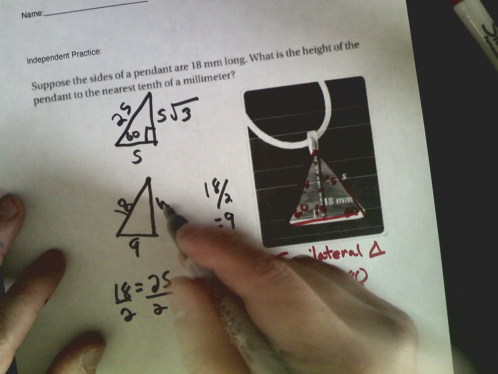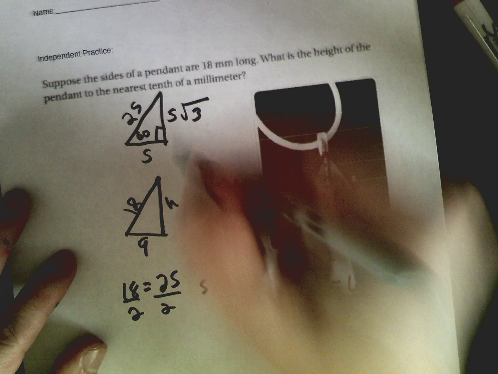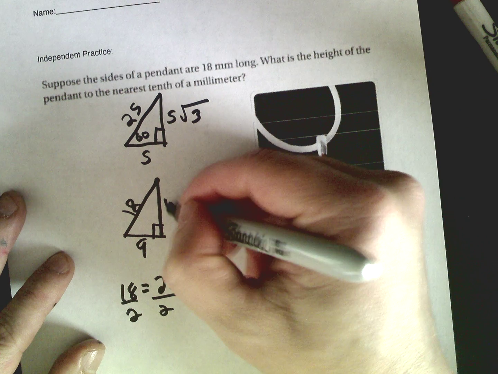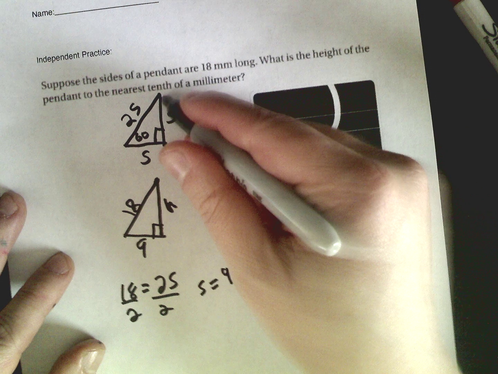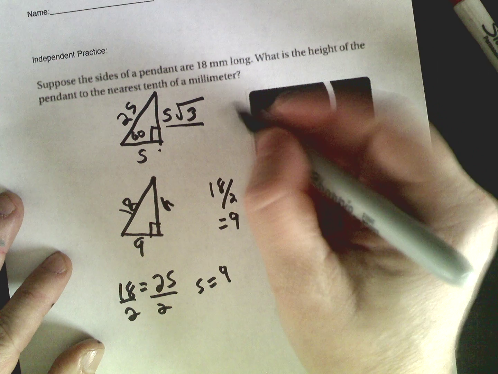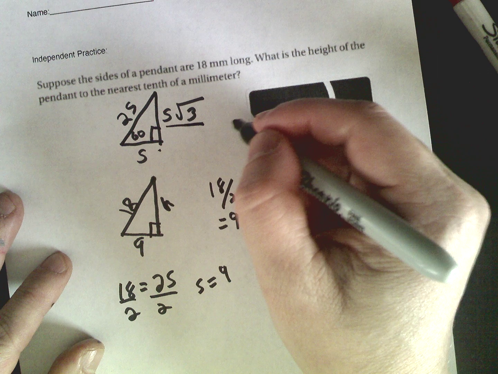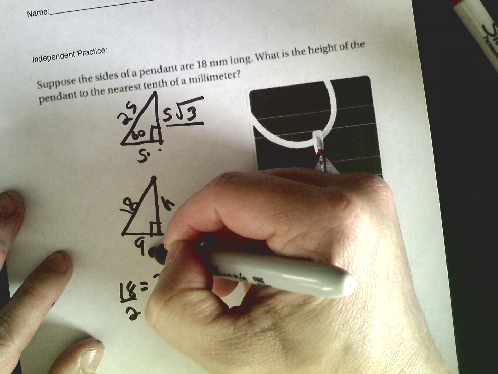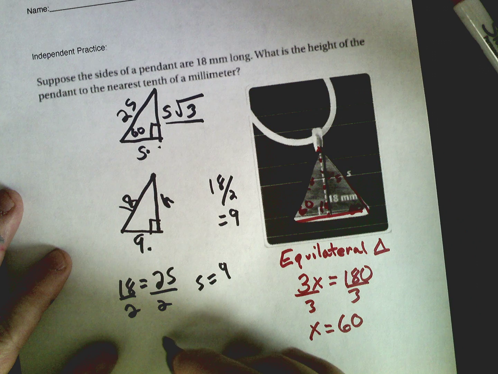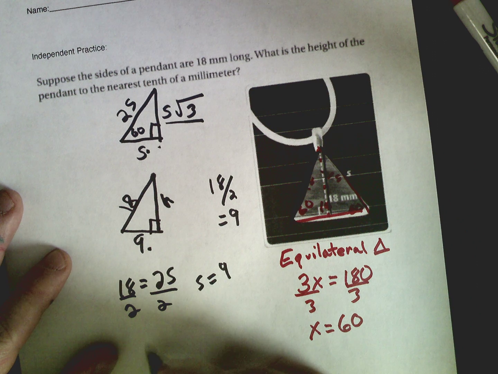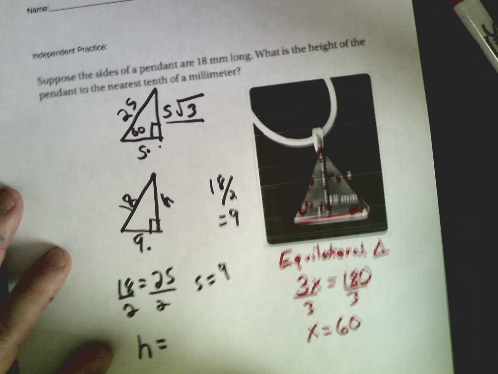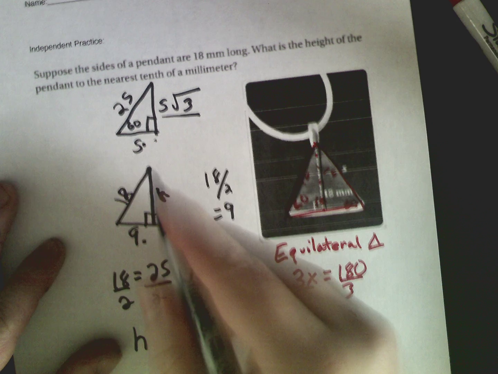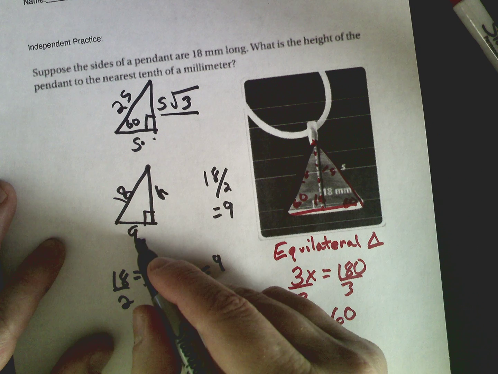Now, I want to know about H. Well, H is this side. If this is my right triangle, it's the longer leg, which they say is S times square root of 3. Well, what is S? S is 9. So H, this height we're trying to figure out, is S times the square root of 3, and my S I already know. It's 9.